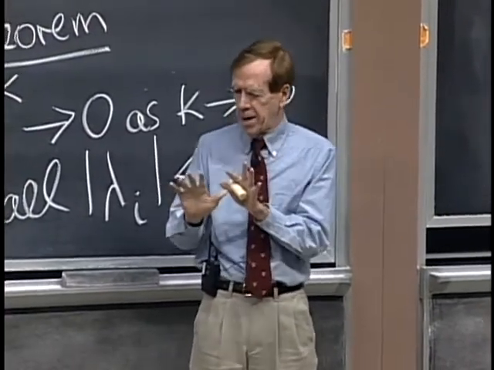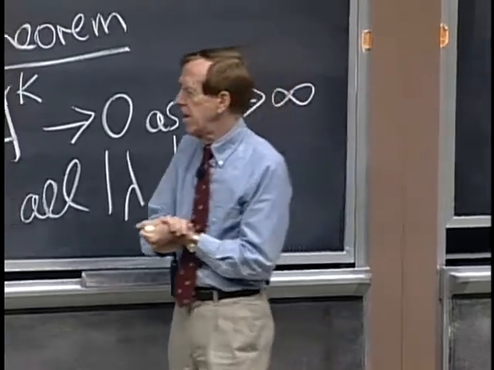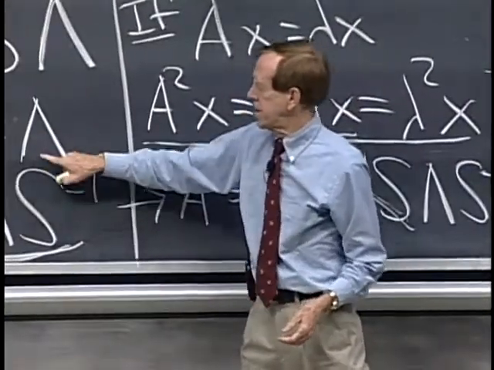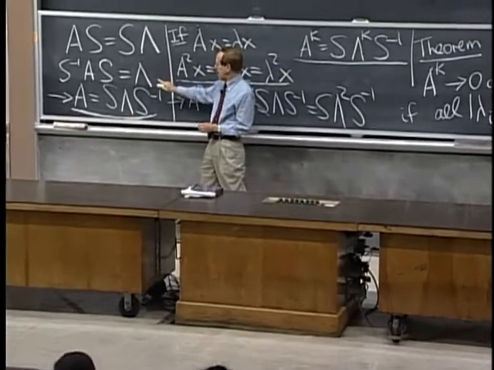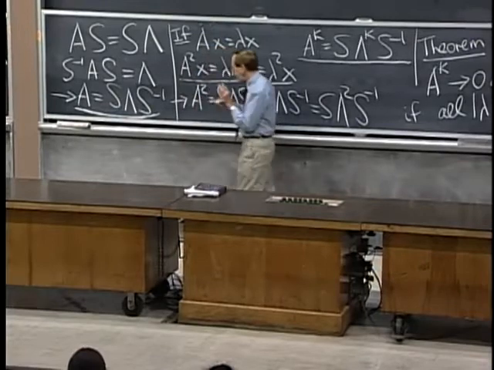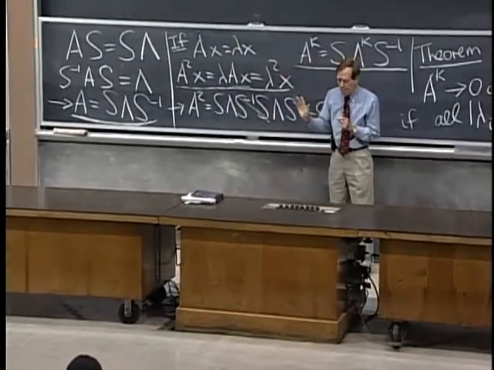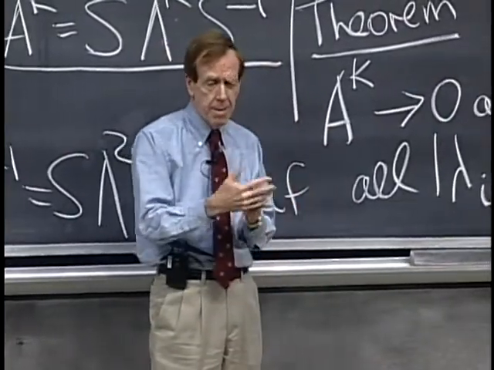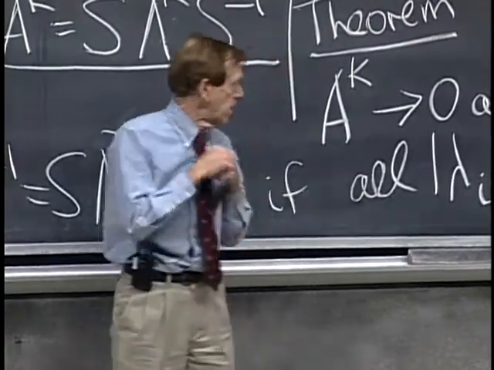If we don't have n independent eigenvectors, we can't diagonalize the matrix. We can't get to a diagonal matrix. Diagonalization is only possible if S inverse makes sense. So you see what we get and why we want it, because we get information about the powers of a matrix immediately from the eigenvalues.